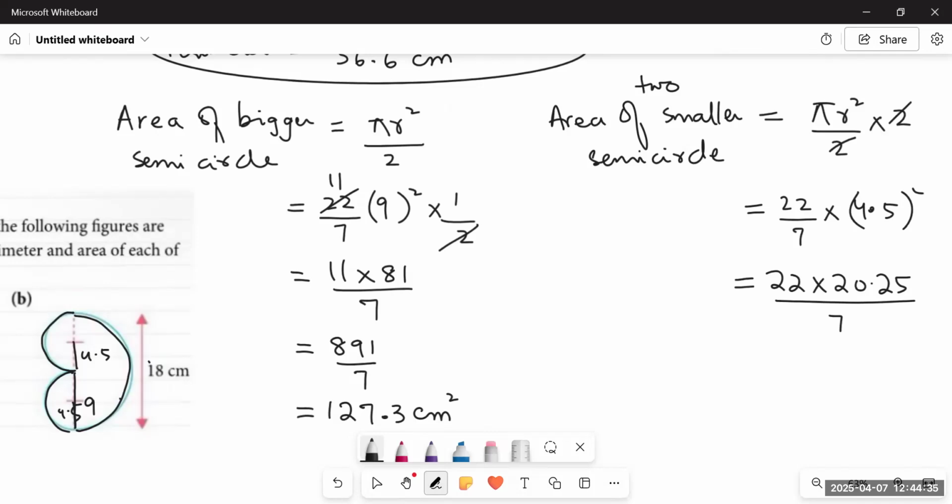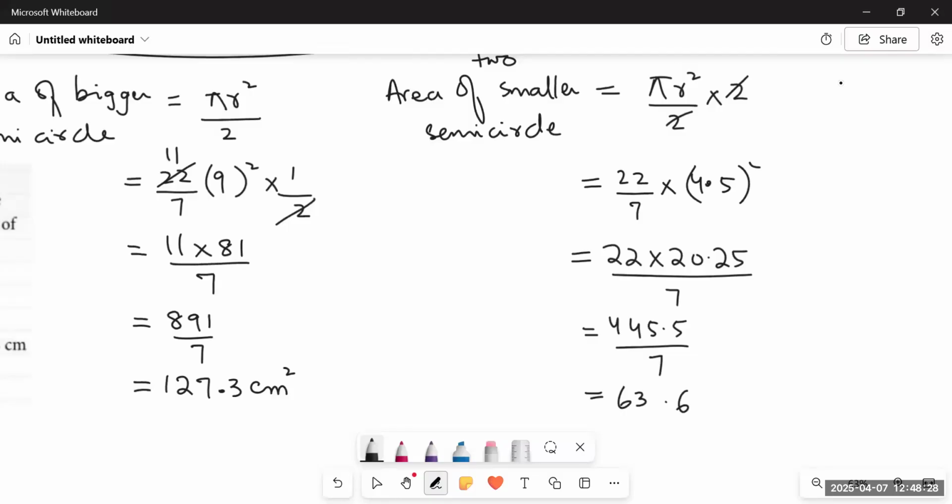So the answer would be 445.5 upon 7. And then we will divide it with 2, which will be 222.75. So it's 63.6 centimeters squared.